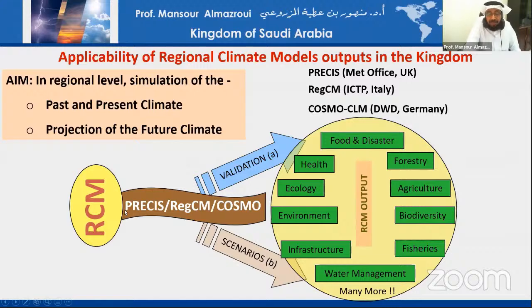There are different RCMs, the regional climate models. One of them is called BRACE, RCM, and COSMO, where we do the validation and make the scenarios, and then do all different types of impact studies related to food, forestry, agriculture, the environment, infrastructure, and also water management, for example, and many more, inshallah.